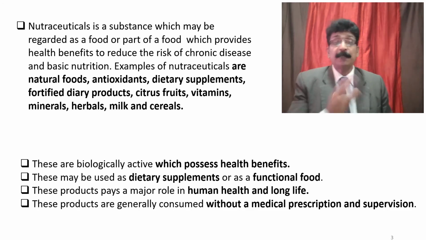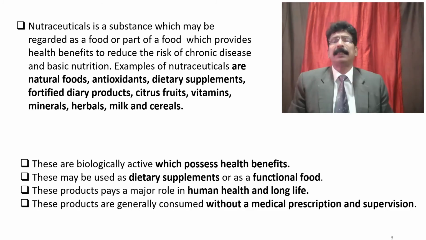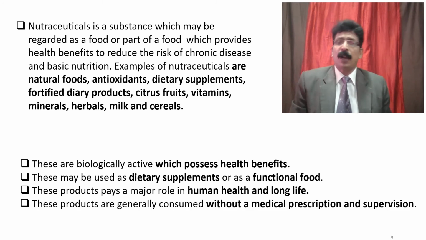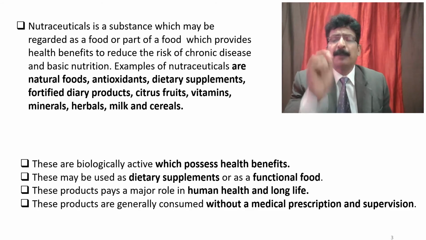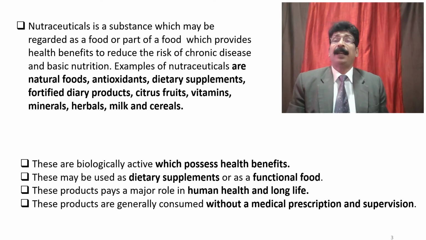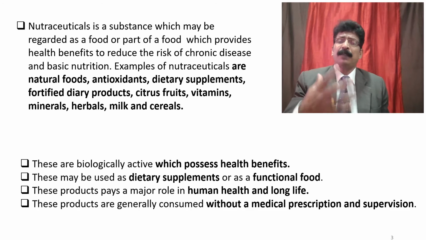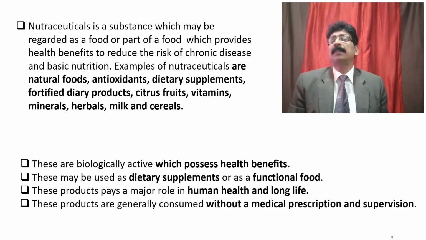These products play a major role in human health and long life. They are generally consumed without a medical prescription and supervision. So it's an OTC product, a pharmaceutical product which can be dispensed over the counter without a prescription. A pharmacist can issue that.